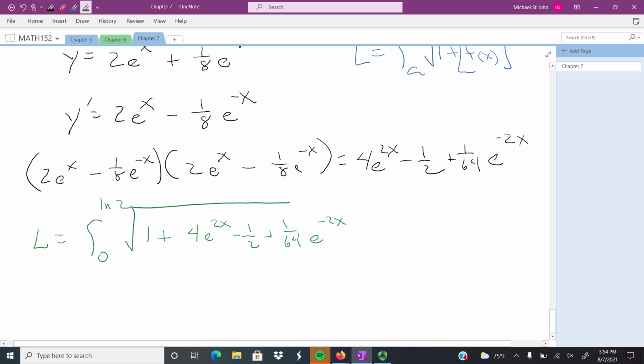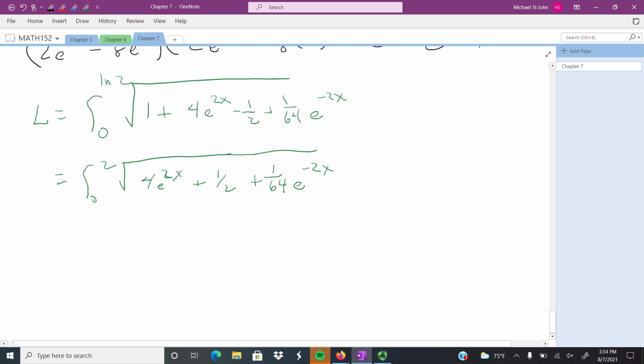Okay. And let's see, we can do a little simplifying here. This will be the square root of 4 e to the 2x plus 1/2 plus 1 over 64 e to the minus 2x.